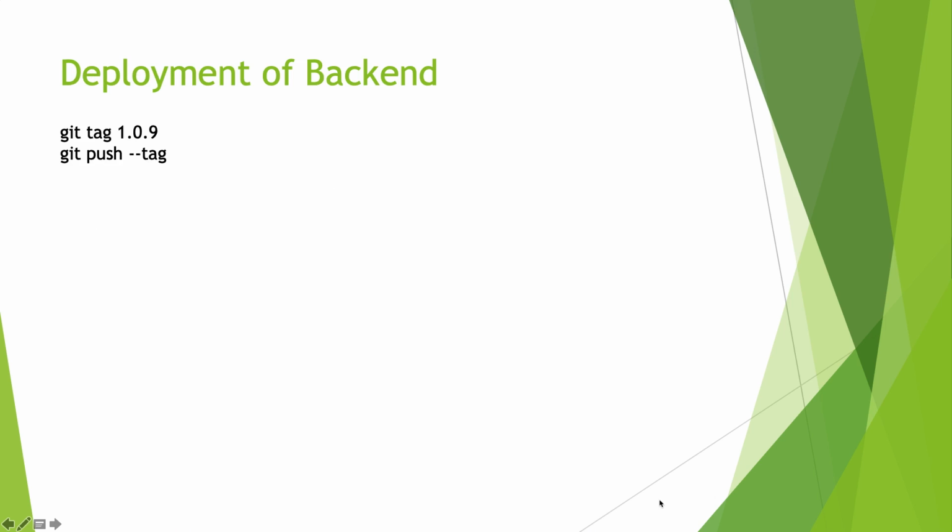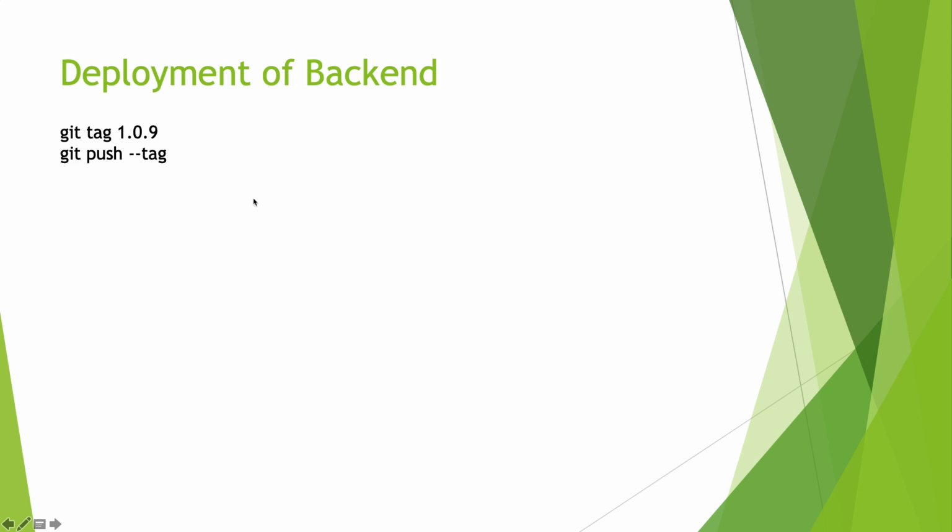If you want to deploy the backend server, it's not the same as the front-end server. For the front end, you merge to master, but in the backend, even if you merge to master, you will not trigger deployment. You have to run the command git tag, tag the current version you are on, and then push the tag, and this will trigger deployment.